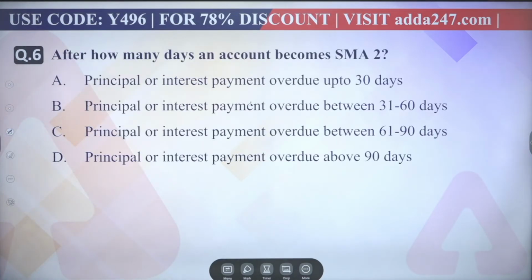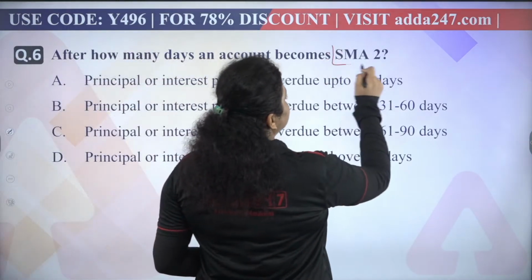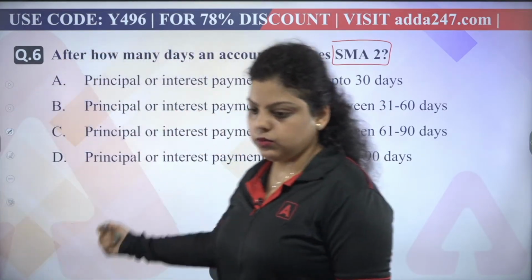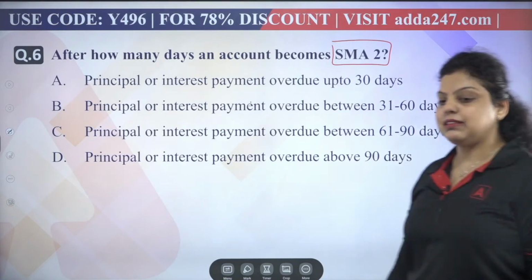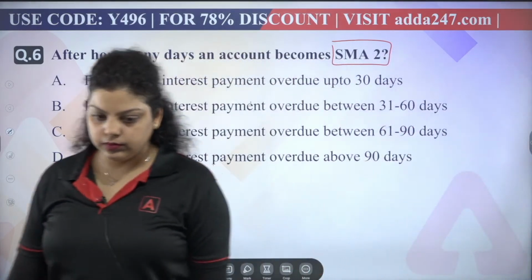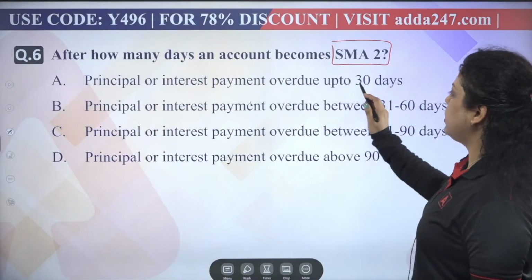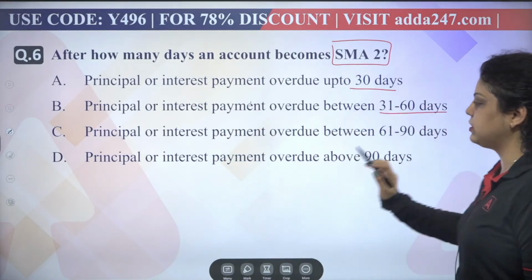Now, after how many days does an account become SMA2? First, let me know the full form of SMA, then the duration of SMA2. Is it principal or interest payment overdue up to 30 days? Between 31 to 60 days?